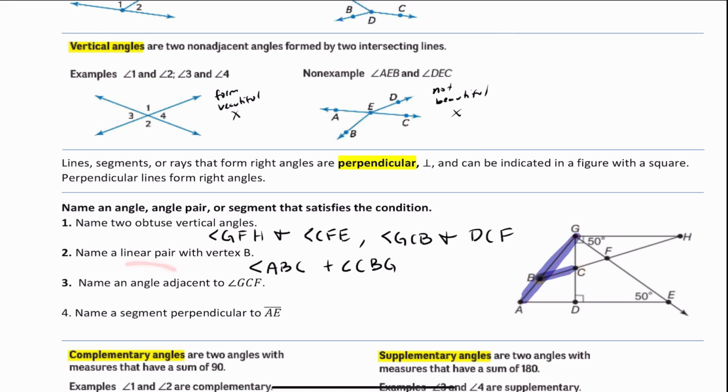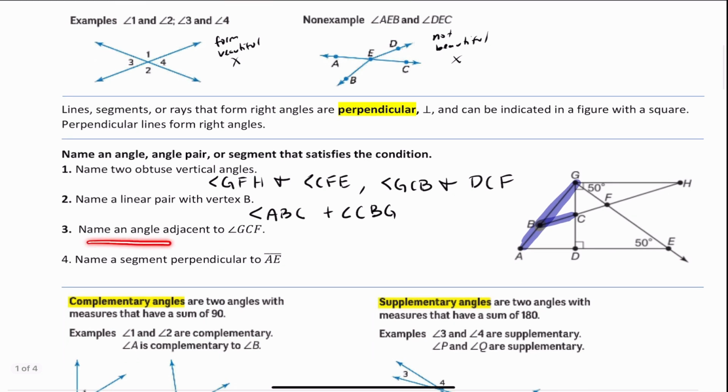So linear pair. Name an angle adjacent to angle GCF. So GCF. Well, if I'm talking about adjacent angles, remember they have to have the same vertex and they have to share the same common side.